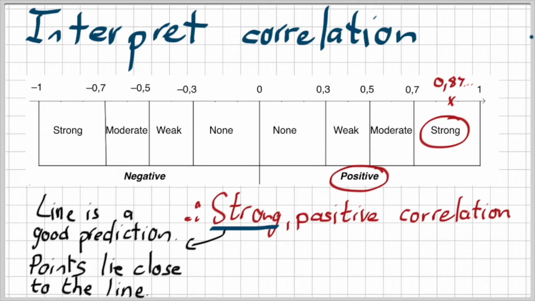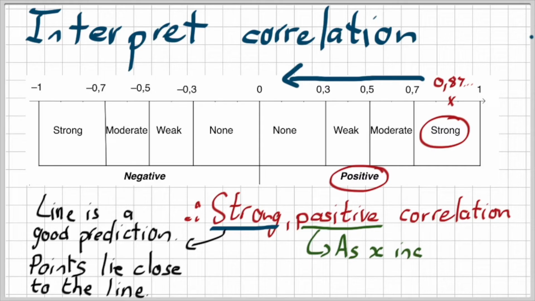Very important. That's what the word strong means. So the closer we get to 0, the weaker the correlation, which means the more spread out the data set is. And that we don't really want. What does positive mean?